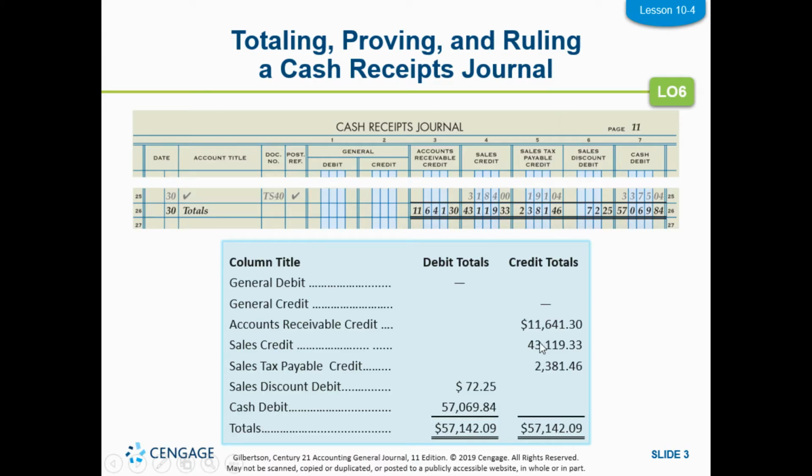Sales credit, we sold stuff for cash at the register. And then sales tax payable credit, that portion that the customer paid us in sales tax that we now owe probably to our state Department of Revenue with a monthly filing where we pay our liability to the state for collecting sales tax. We can't keep that money. And we come down here and we total it, and our debits equal our credits.